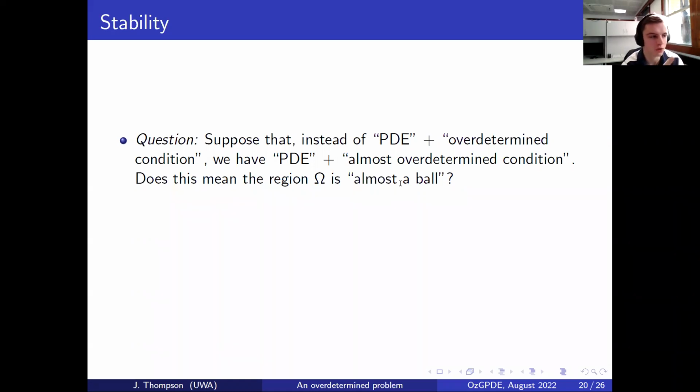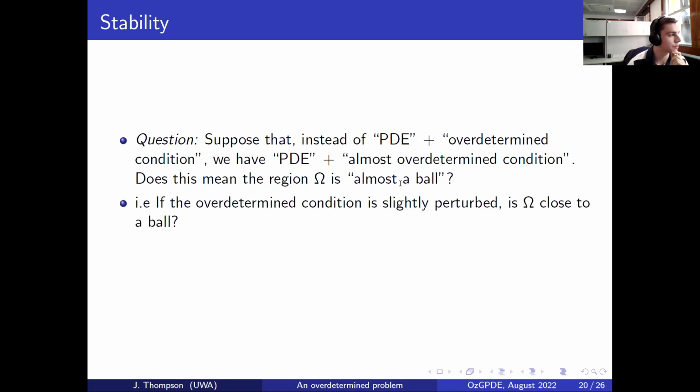So we're very close to the overdetermined condition. Does this mean that the region omega is almost a ball? So it's a stability problem, because we're really saying if the overdetermined condition is slightly perturbed, is omega still close to a ball?